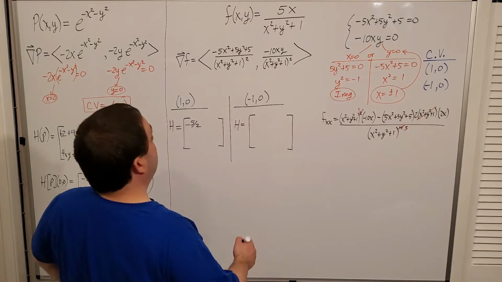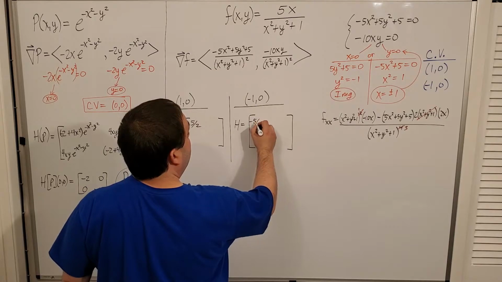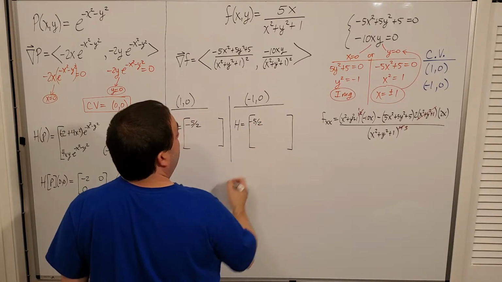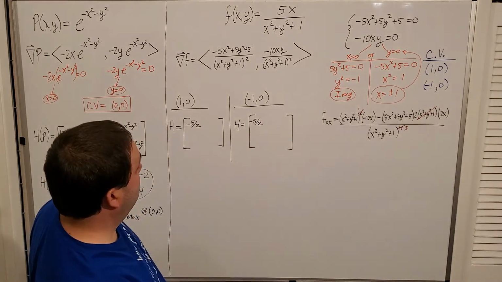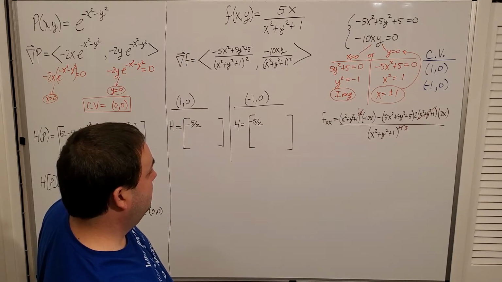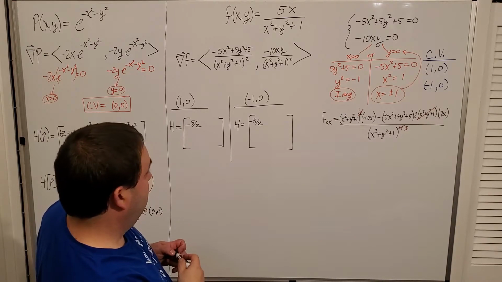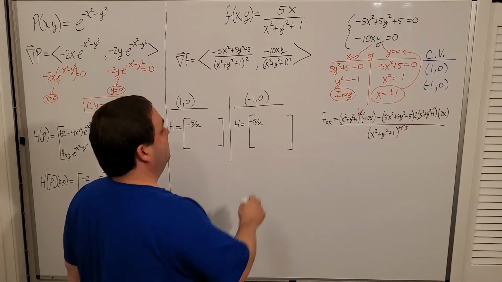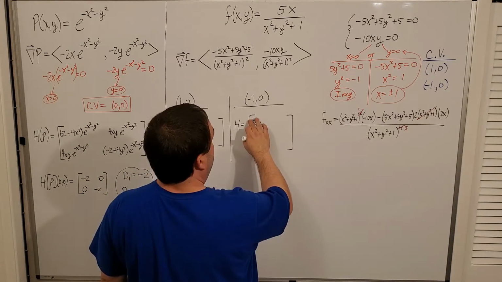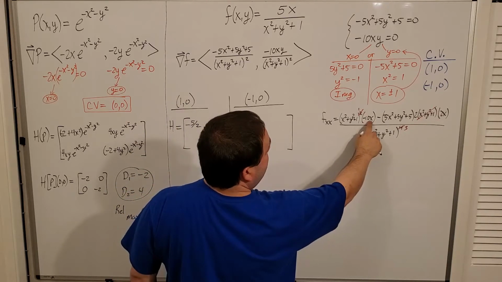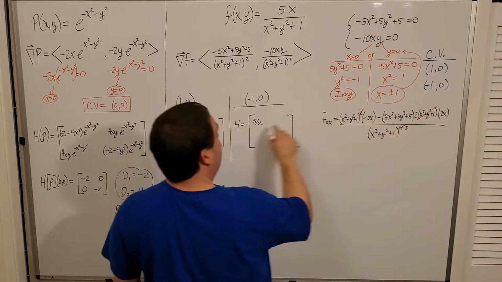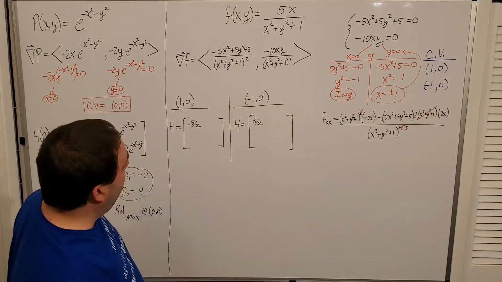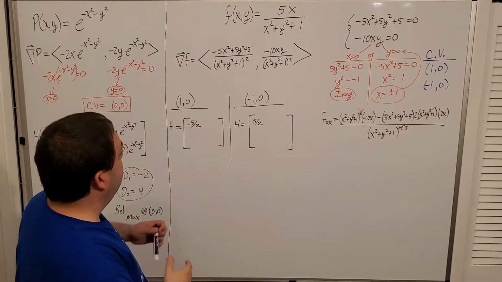So I'm getting the same value here, negative 5 over 2. Let's double check now. Oh, no, I'm not. I'm getting positive because it's negative 10 times negative 1, so that gives me the positive. All right, now we're cooking.